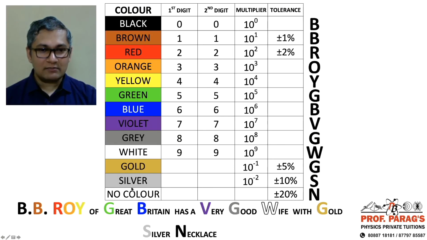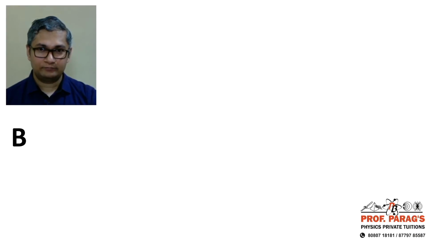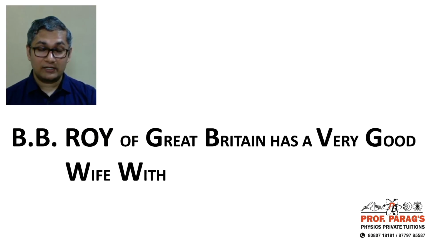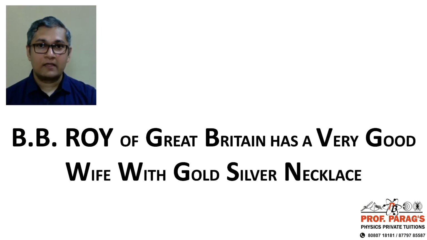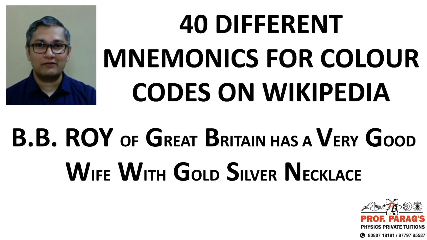So the sequence can be very easily memorized with this statement: B.B. Roy of Great Britain has a very good wife with gold silver necklace. This is the most common mnemonic actually used for color coding in India. If you check on Wikipedia, you won't believe it, there are more than 40 different mnemonics for color codes of resistors.